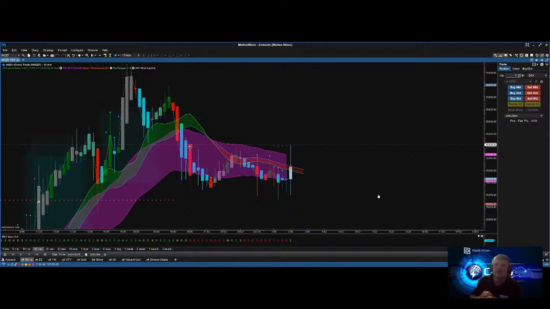The 3 minute pops up with a 6-star buy, and then the 5 minute pops up with a 6-star buy. I mean, that is really, really good.